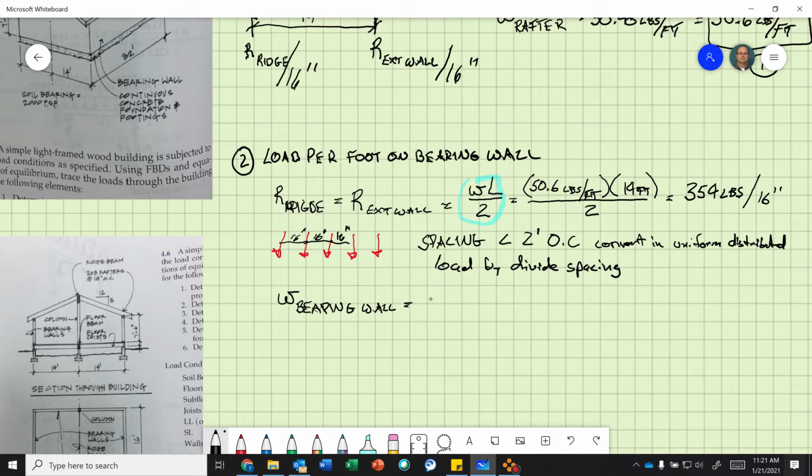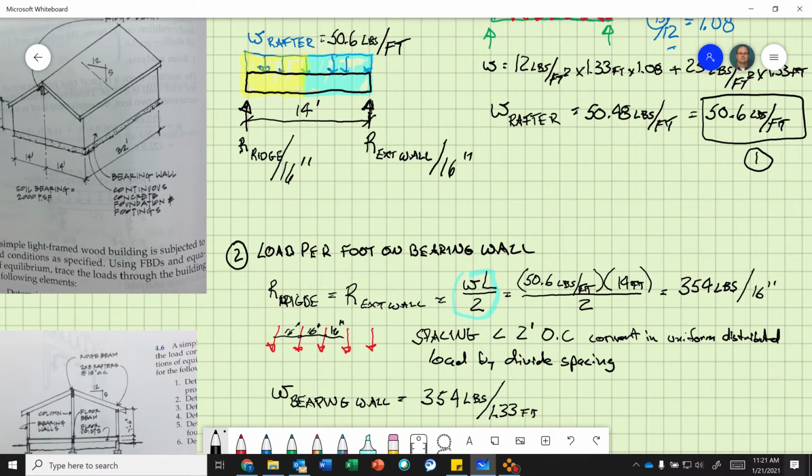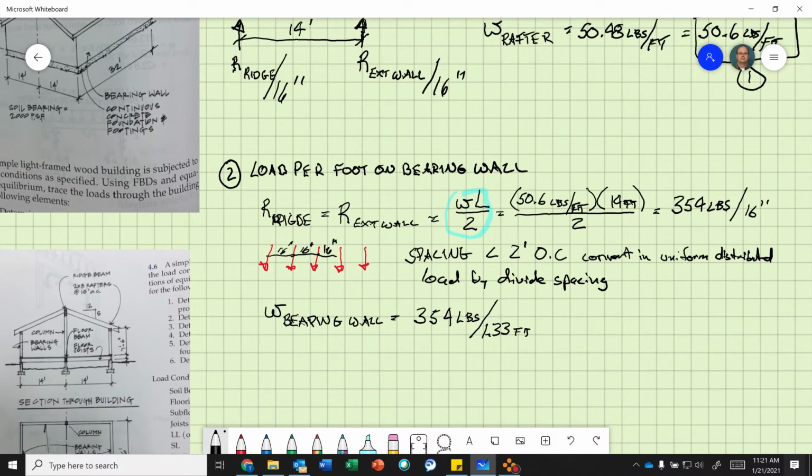That equals 354 pounds divided by my spacing, which is 16 inches on center, 1.33 feet. See, now I get pounds per foot. Remember, the units on this distributed line load have to be pounds per foot. Right now, it's a point load every 16 inches along the top of that wall, because that's where your rafters are sitting.